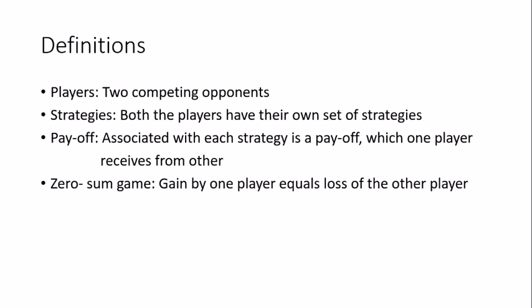And it's a zero-sum game. So what's the meaning of zero-sum game? It means that the gain by one player equals the loss of the other player, so there is no third person involved. If I say that on making a particular move A gains $10, that means with the same move B loses $10.